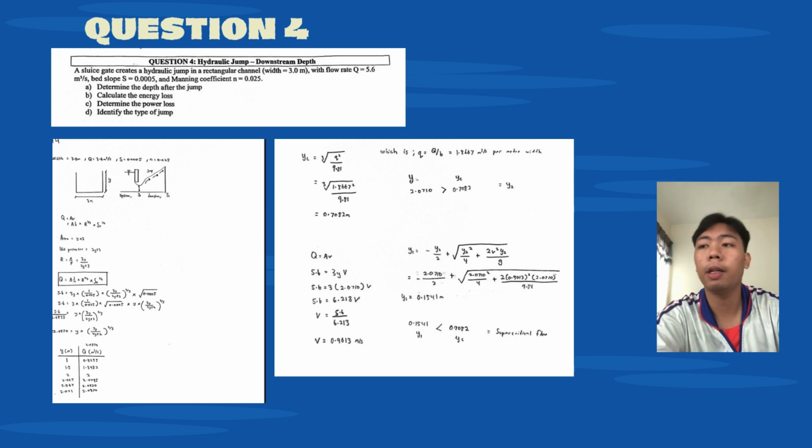After that we use the formula to find Y1, input the data, so we get Y1 is 0.1541 meter. After that we must determine what type of flow. So we compare Y1 to YC, and Y1 is below YC, so this is a type of supercritical flow.